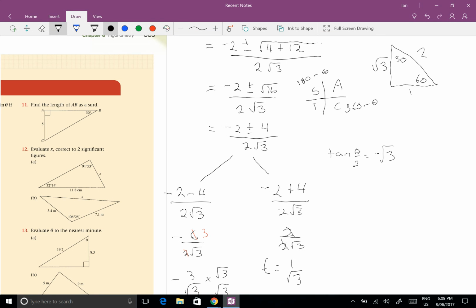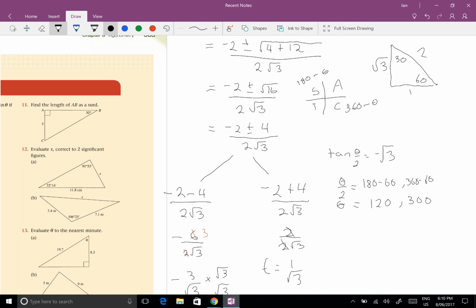So it's going to be 60. The acute angle is 60. So theta on 2 will be 180 minus 60, and 360 minus 60, which will give me 120 or 300.